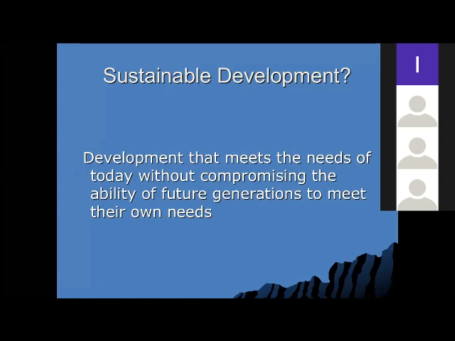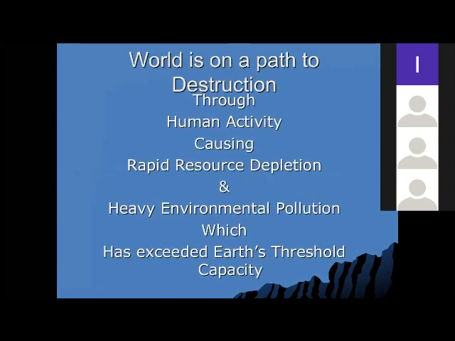We need to think of future generations for their survival as well, for their needs. Now, we see the world is on a path to destruction through human activity, causing rapid resource depletion.